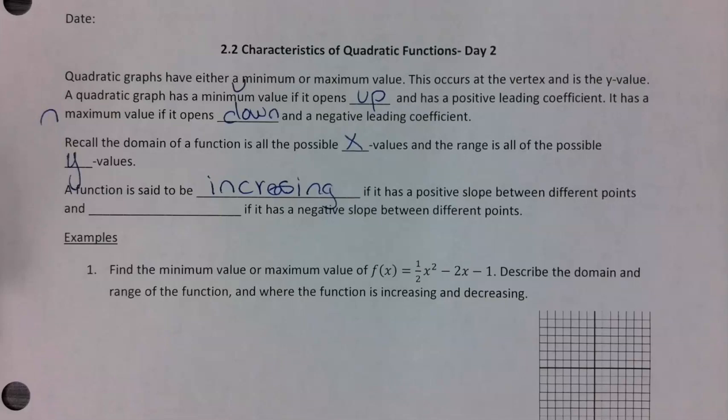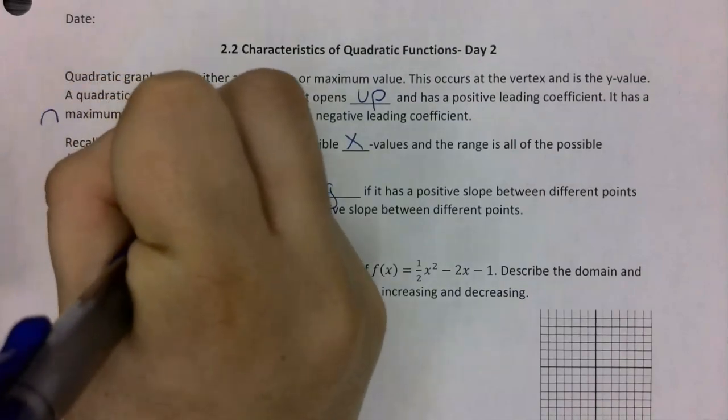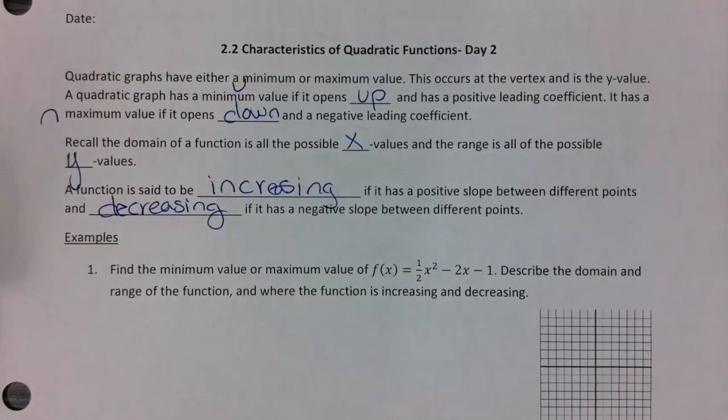And then it's said to be decreasing if it has a negative slope.